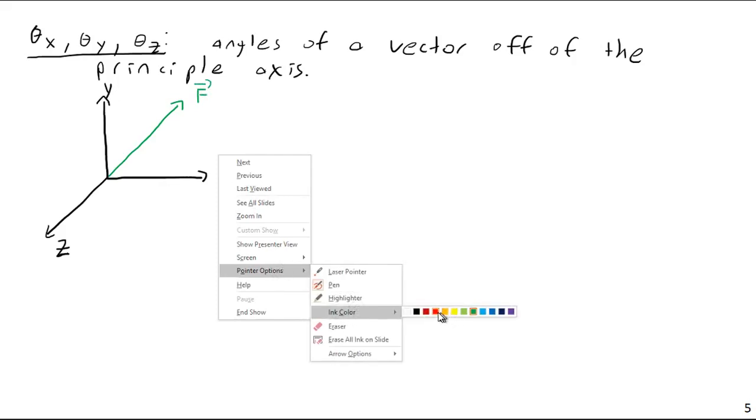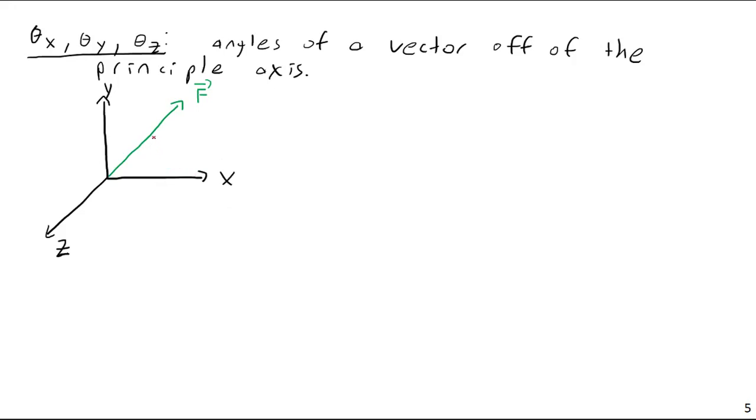And in ink color, let's do some red. This is theta x. This is theta y. And this here is theta z. Theta x, theta y, and theta z. So these are the angles taken directly from the force vector to the principal axis.